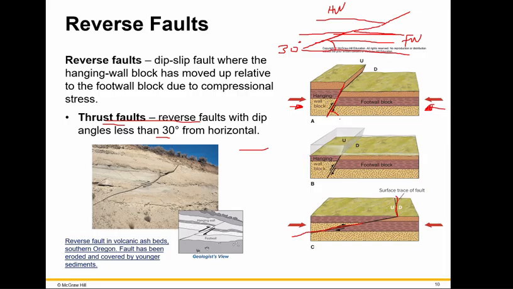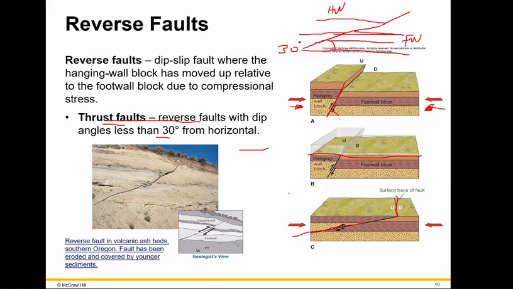Now, it's possible for you to have this upper part eroded, and I'm saying all of this because when you begin to map these faults in the field, this is what you get. This is a thrust fault because the hanging wall has moved up relative to the footwall, and this is the fault trace on the surface.